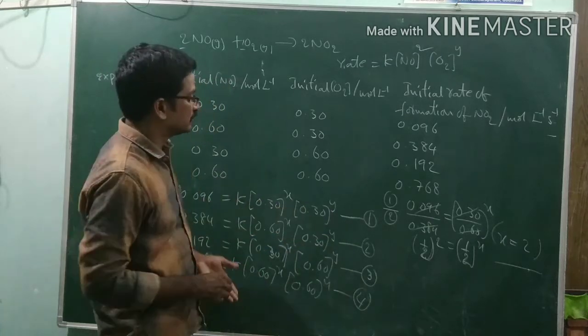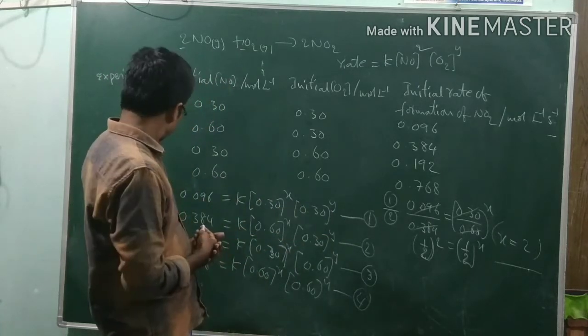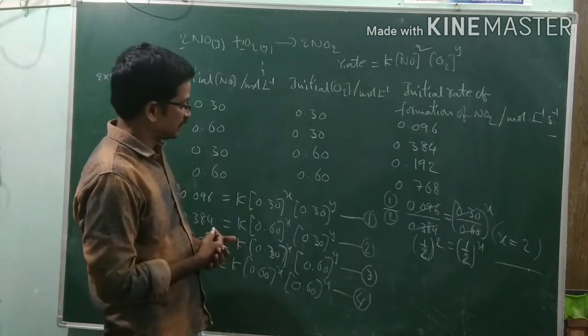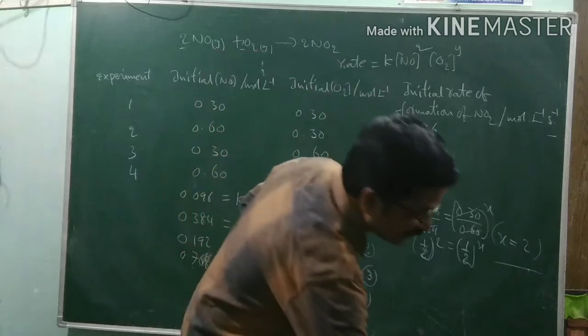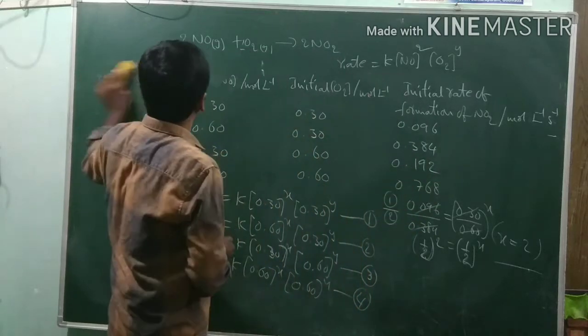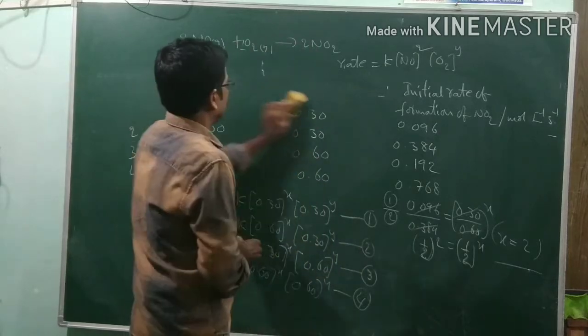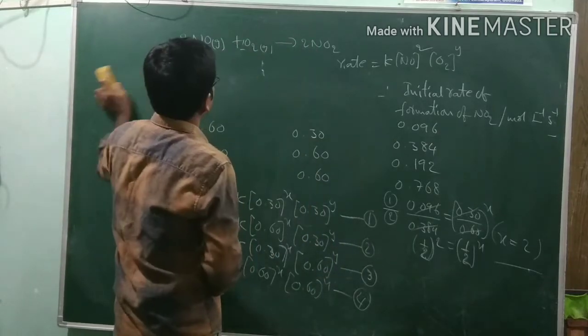By dividing equation 1 by 3, you may get the value.